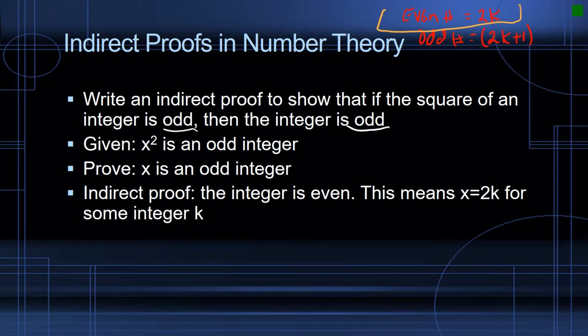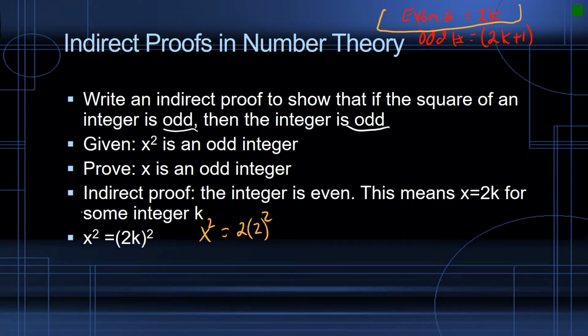Now, we can test this theory, this indirect proof. So we can say that x squared is equal to 2 squared. Well, let's see. If that's the case, then we could say that x squared is represented by 2 times 2 squared.